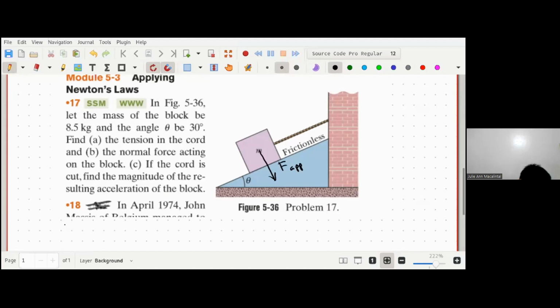So, what if there is an applied force pushing into the frictionless plane?